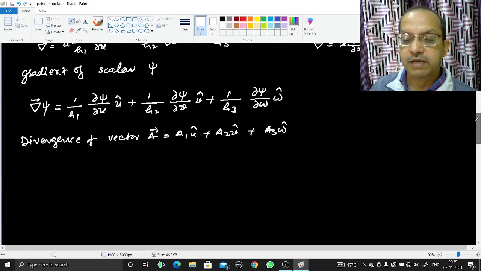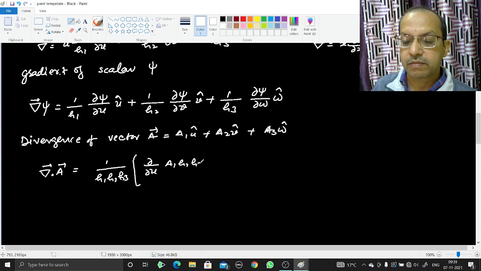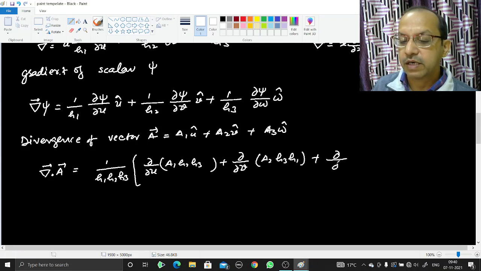So divergence of A can be written as equal to 1 upon h1 h2 h3 times del over del u of a1 h2 h3 plus del over del v of a2 h3 h1 plus del over del w of a3 h1 h2.